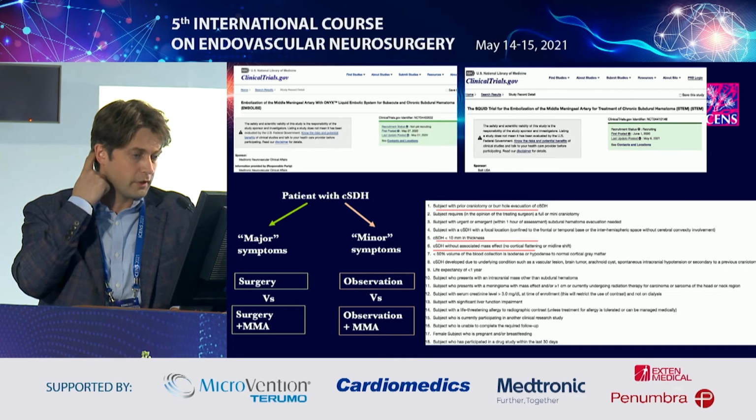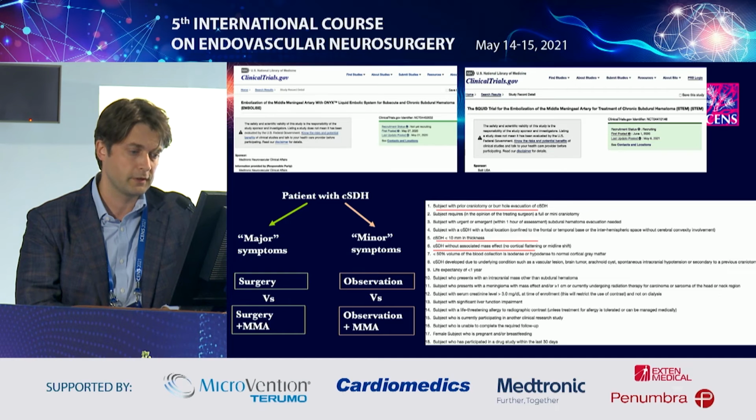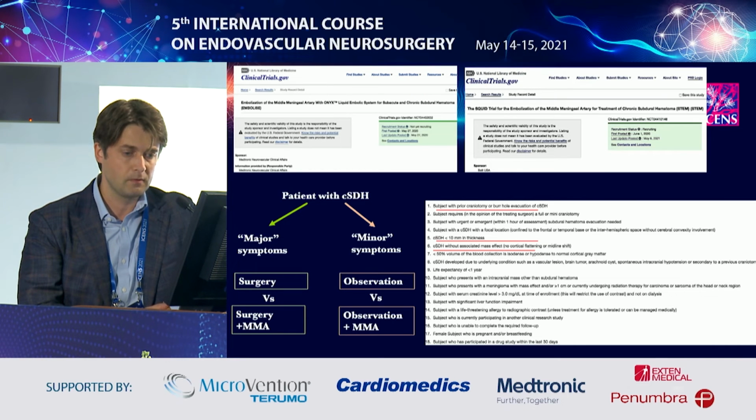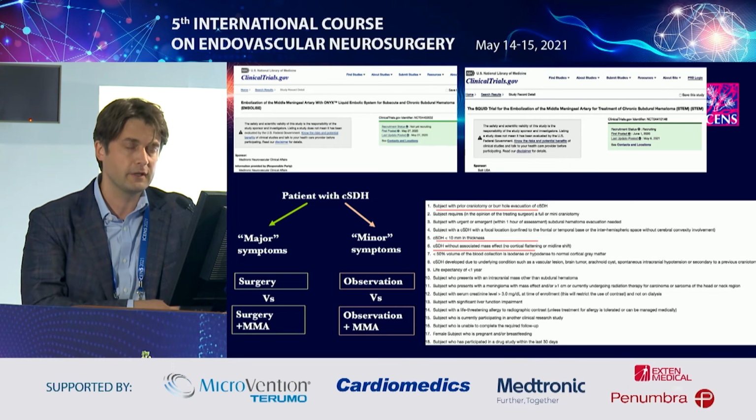They are right now enrolling new patients, and they do randomization. And in a year and a half, I hope that we will have good evidence on the quality of embolization and effects of embolization in treating subdural hematomas.